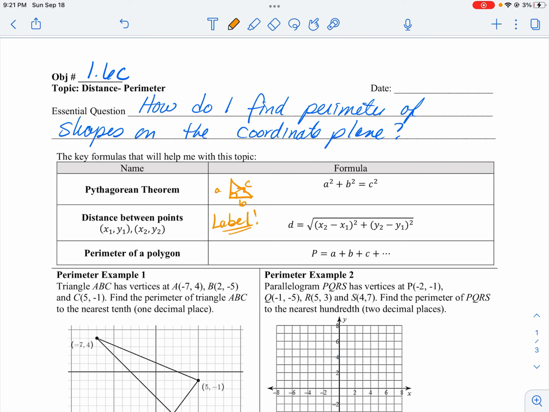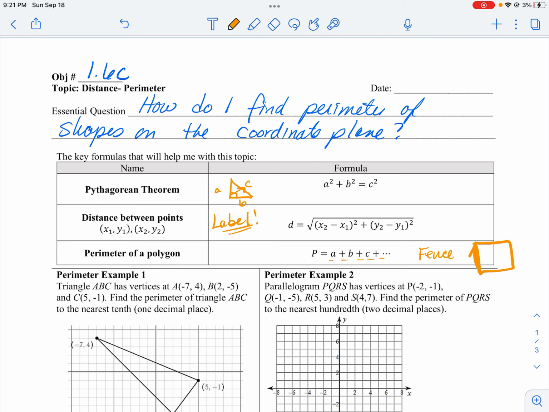So I want you to think of a fence. We're looking at the distance around something. That's what perimeter is. All right, so we're going to start with this triangle.